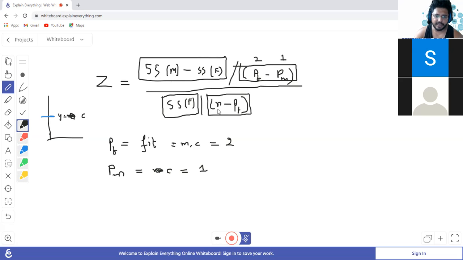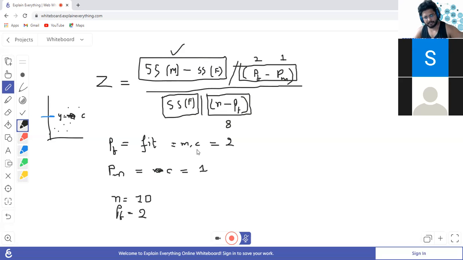And here, N is equal to the number of measurements done. Suppose there are 10 measurements done. Measurements means these points. And P fit is equal to 2, so N minus P fit is equal to 8. So my numerator remains the same as R square, but my denominator reduces 8 times.